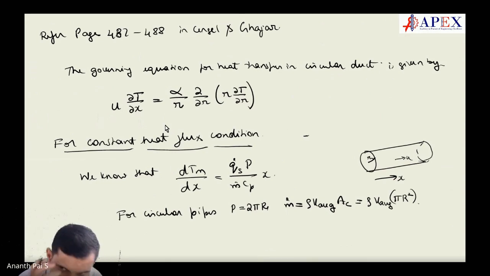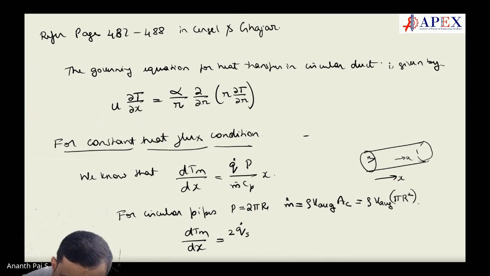So using this we can have pi r square. Totally, when we apply this, we get dTm by dx is equal to 2 q dot w, I'm sorry, q dot s is q dot w, divided by rho v average into cp into r.